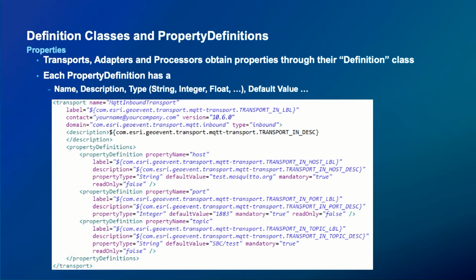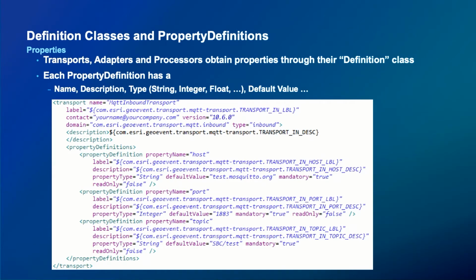The property definitions have their own attributes, such as name, label, description, property type, property default value, and so on. Property labels are what shows up for each property on the manager UI. And property descriptions show up when you click on the question mark next to the property input box. So both of them are also localized.